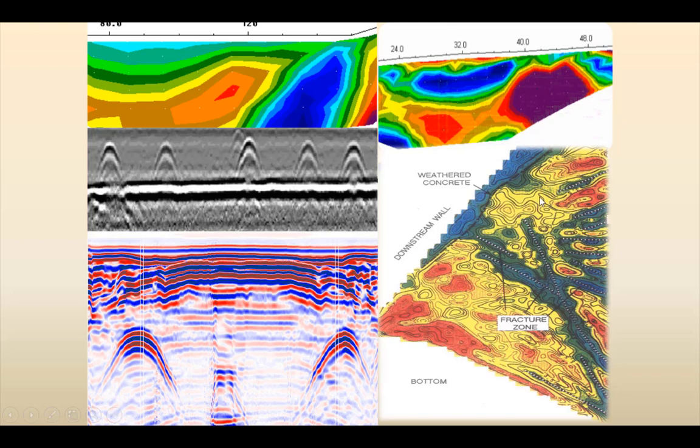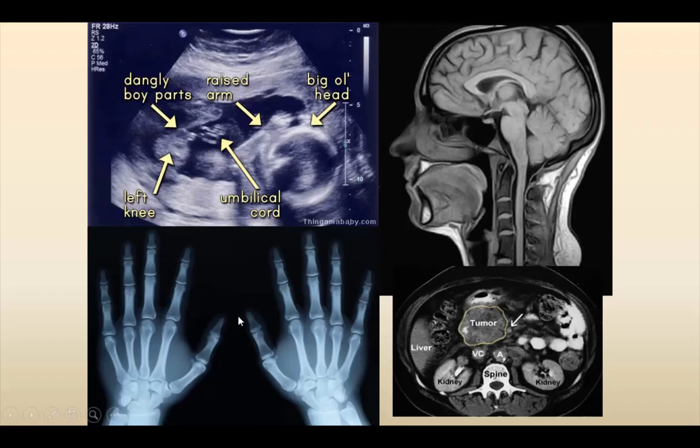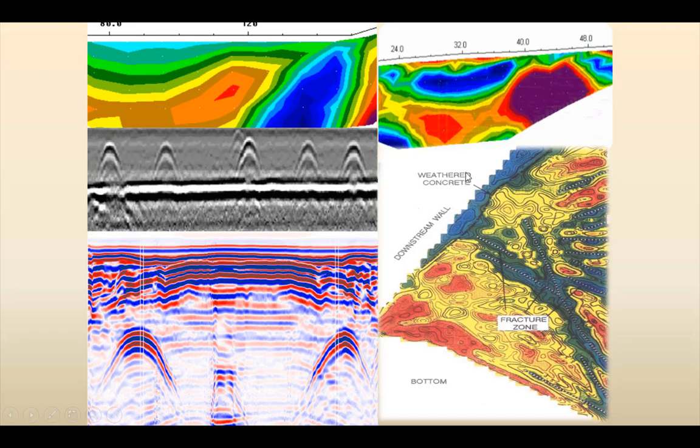You have fracture zones in a dam body created using seismic tomography. So again, using different kinds of fields, energies, rays and waves, we have tried to see what is inside the earth, just like in medical imaging we were trying to see the human body. In the case of geophysics, we are using similar methods to find out what's inside the earth.